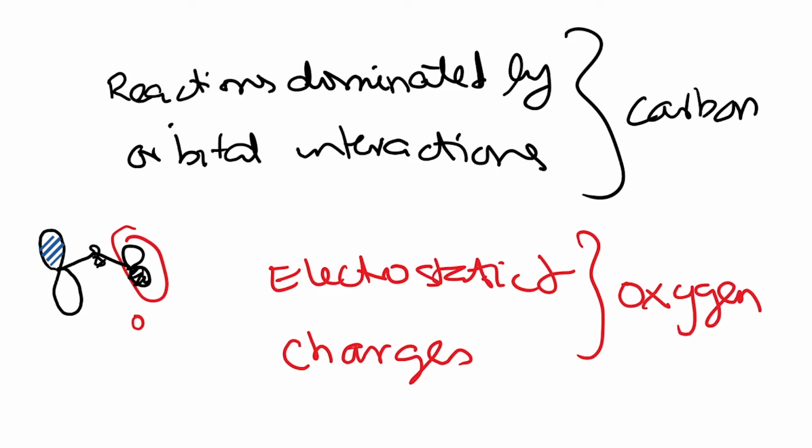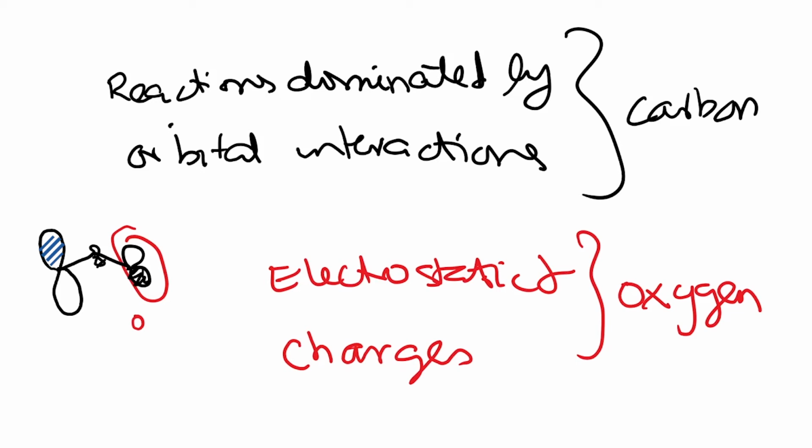Okay, so therefore an important difference between the enolate and the allyl anion is that the allyl anion is very symmetric and both the ends are equal, and so there's no difference in which end reacts, whereas in the enolate there are going to be differences that come in.